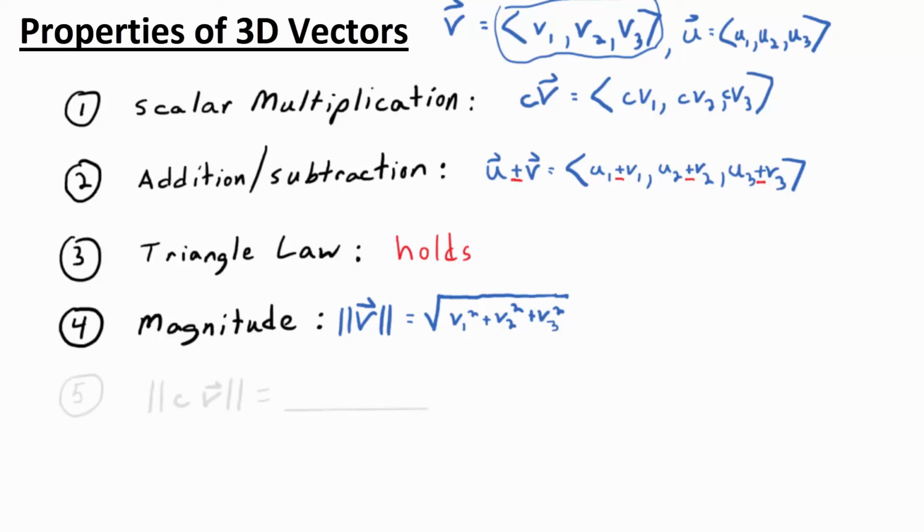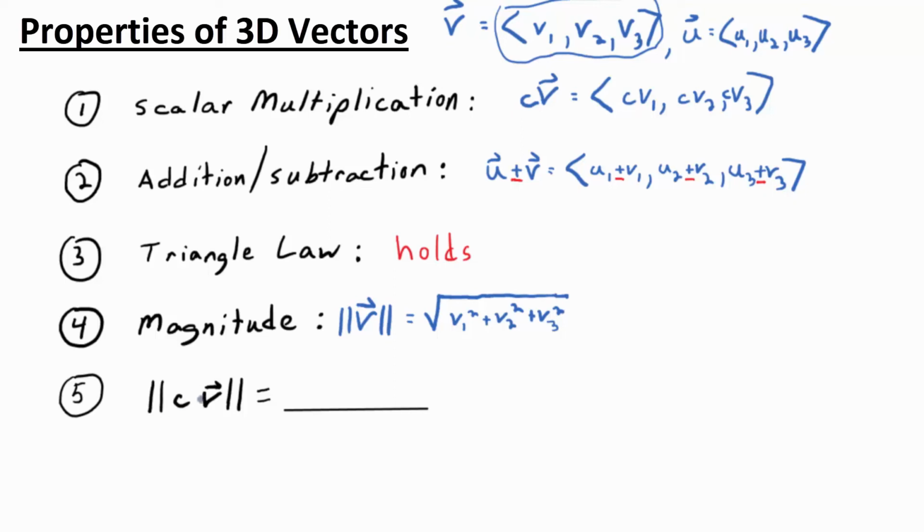Okay, number 5, c stands for a scalar number, and the magnitude of c times v, what can we do with that c? If you've watched the video, I probably went over this as well. Pull out c absolute value. Yeah, in case it's negative, we have to make it absolute value because when you apply the magnitude formula to c times v1, c times v2, c times v3, if c is negative, when you square the individual components, the negative goes away.